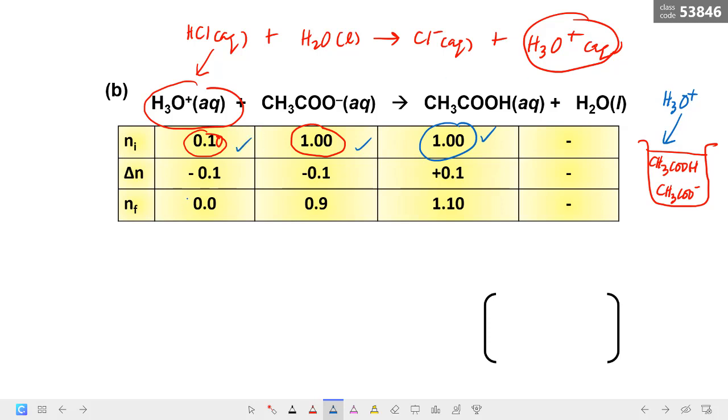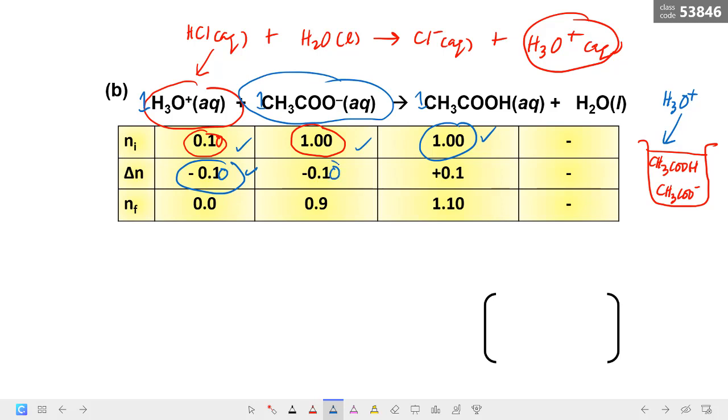So nampak dia akan react, undergoes neutralization. So berapakah yang akan bertindak balas disebabkan di sini 1 mol, 1 mol, 1 mol. Okey, jadi mol yang sedikit akan habis. Jadi kat sini tolak 0.10. This one, the strong acid is neutralized by the conjugate base. Maksudnya equation tu kita kena tahulah siapa yang akan neutralizekan.